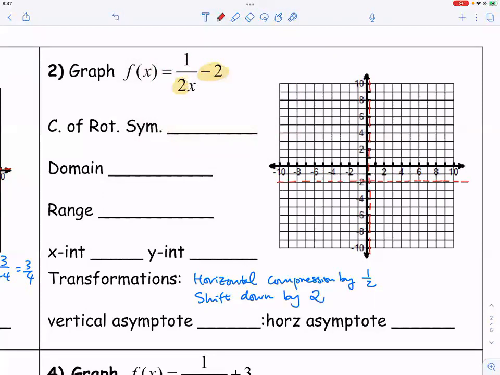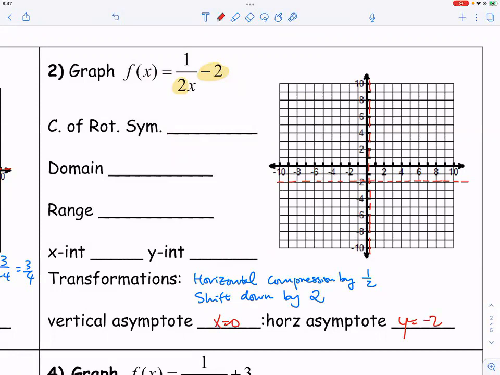So we keep the same vertical asymptote at x equals 0. Now, I'm sorry, hold on. The intercept on the vertical axis is y equals -2.